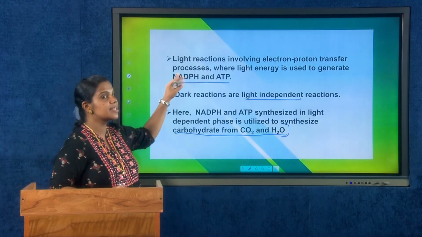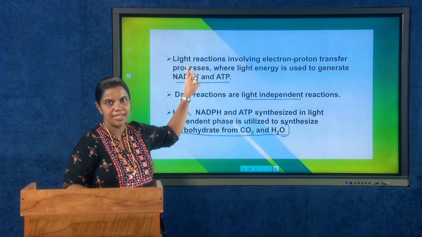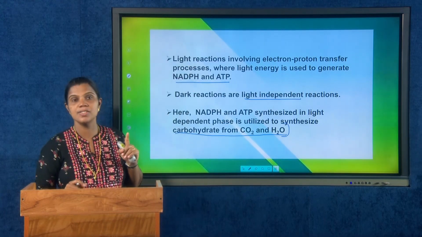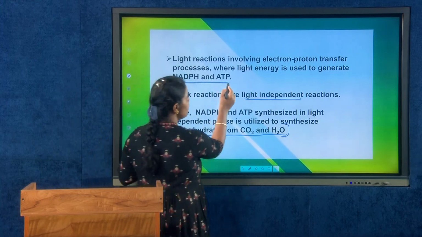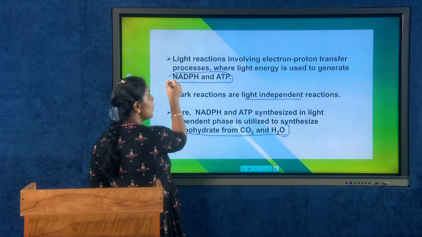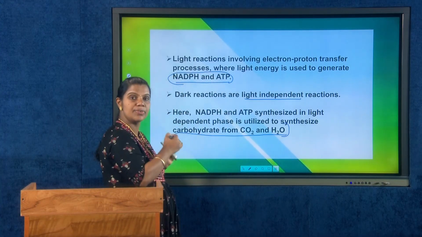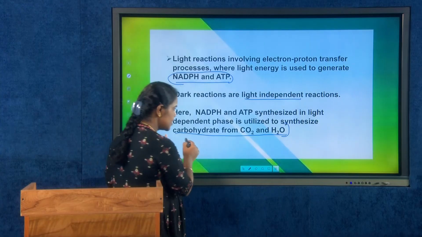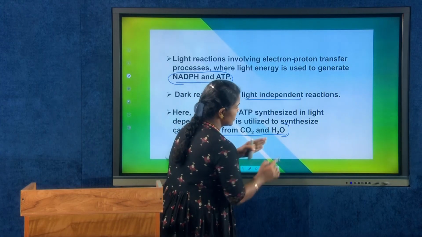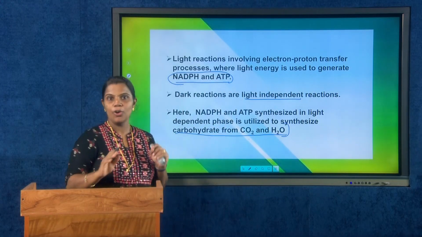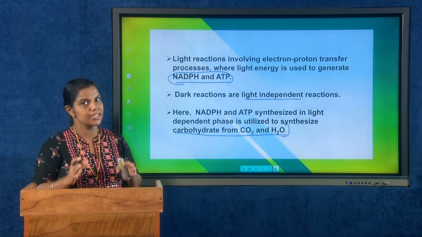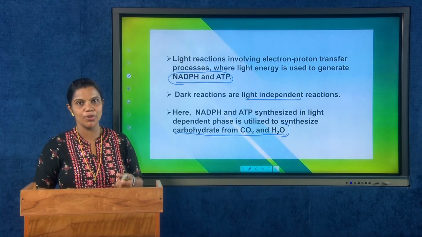In the first phase, that is the light dependent phase, what is happening? There is synthesis of NADPH and ATP, that is the source of energy to drive this reaction. Which reaction? The synthesis of carbohydrate from carbon dioxide and water. Hope you are clear with what is light reaction and what is dark reaction in photosynthesis.